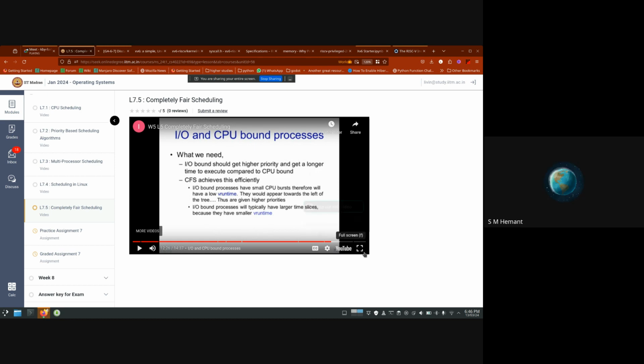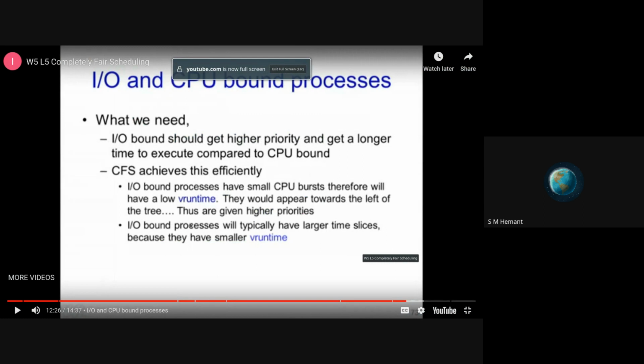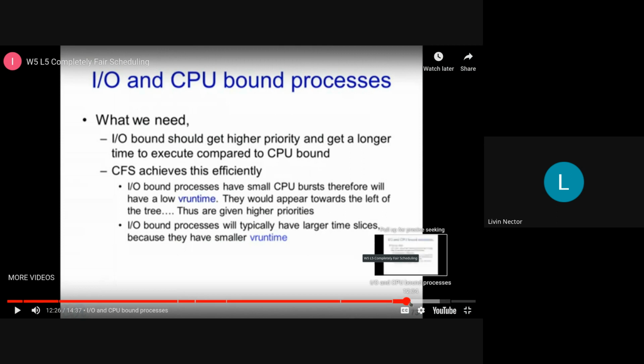So I find these two statements contradictory, right? They have low burst time, but we are giving them a large time slice. Okay. So the burst time is the time that it's actually running on the CPU, right? So what it says is it has small burst time.